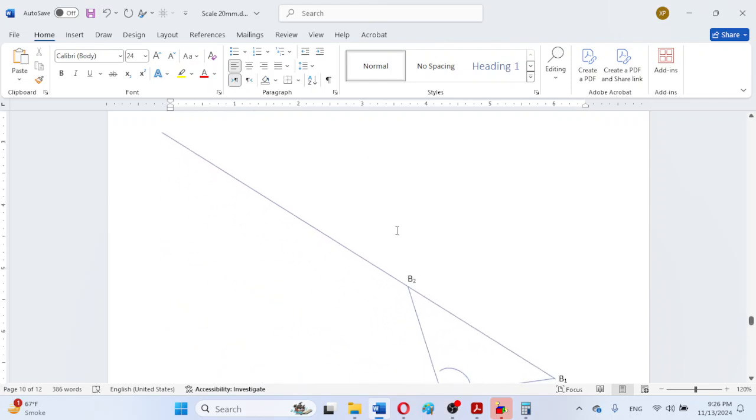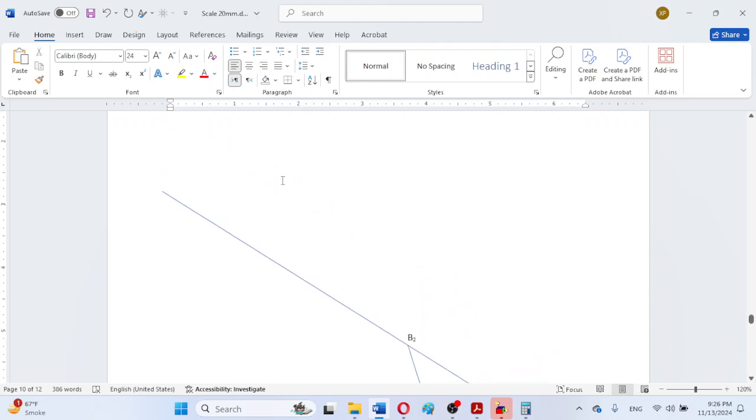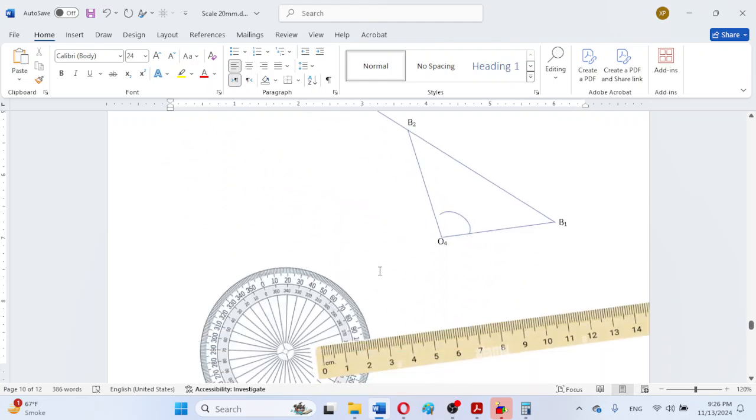So what we will be doing is drawing an arc or a circle with a center at B2 and B1, and we will be describing two arcs that will be intersecting this line, which is connecting B1 and B2.